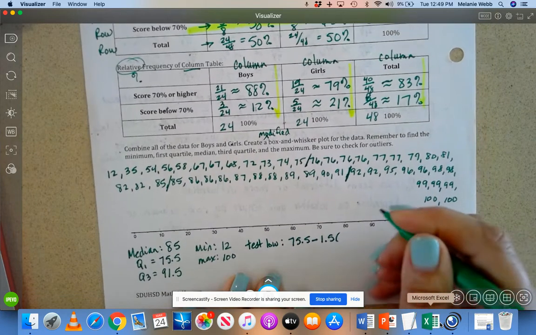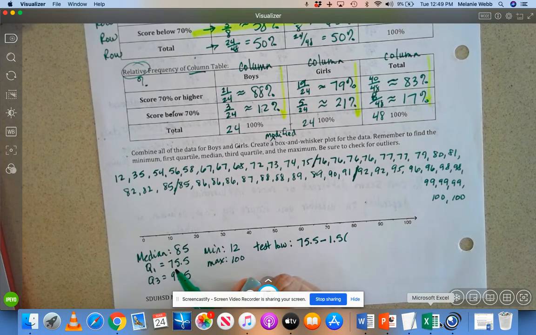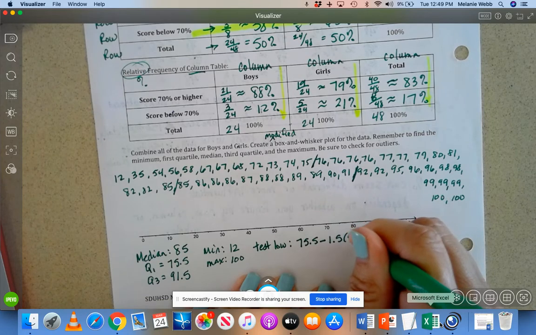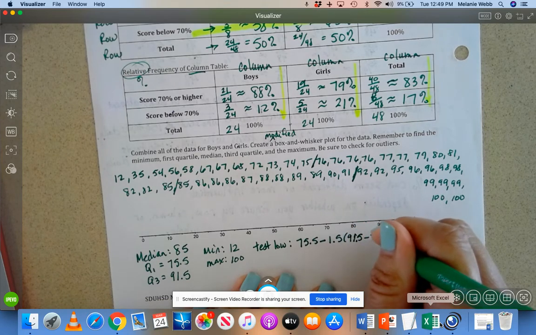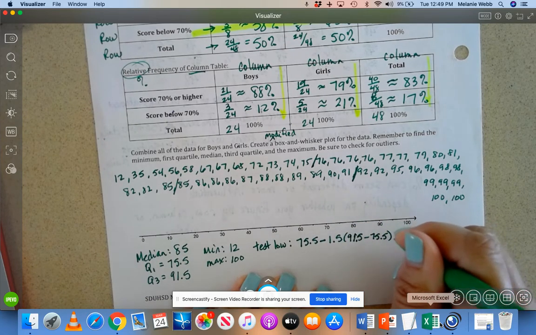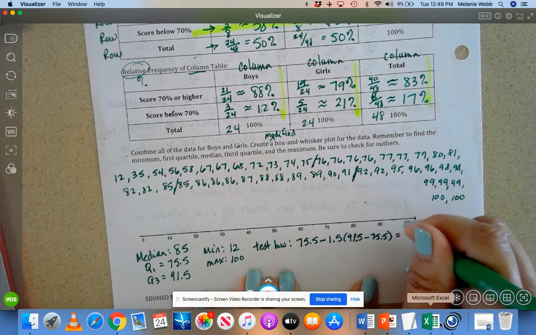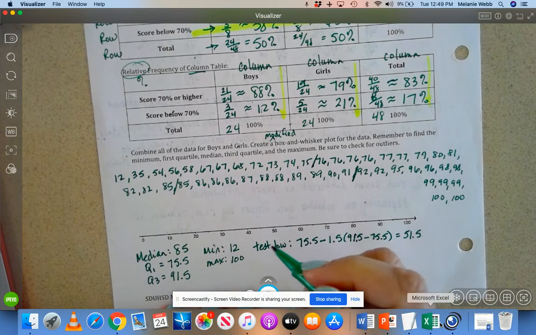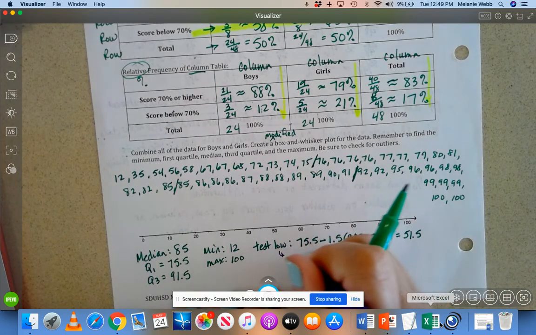The interquartile range is Q sub 3 minus Q sub 1. So 91.5 minus 75.5, and I end up with 51.5. Are there any test scores below 51.5? Yeah, so I have some outliers. My outliers are 12 and 35.